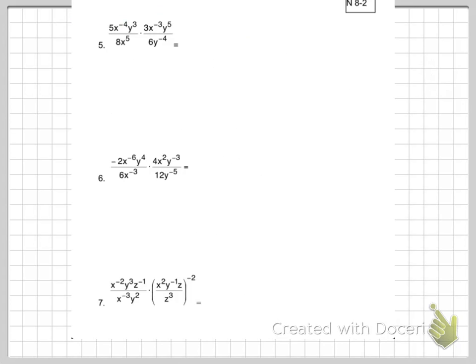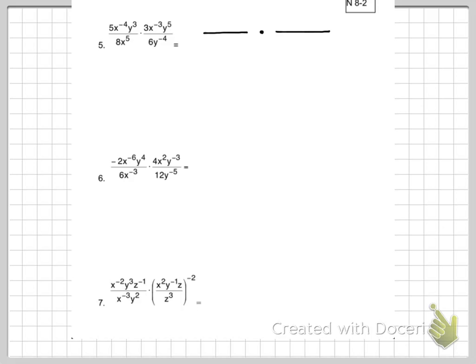Now let's go on to our next page, work some of those examples. This one we're getting more complicated, but we're going to do the same process. We have 2 fractions. Okay, so we're going to write our fraction lines. Anything that's positive, we leave where it is. Anything with a negative exponent, we move to the other side.